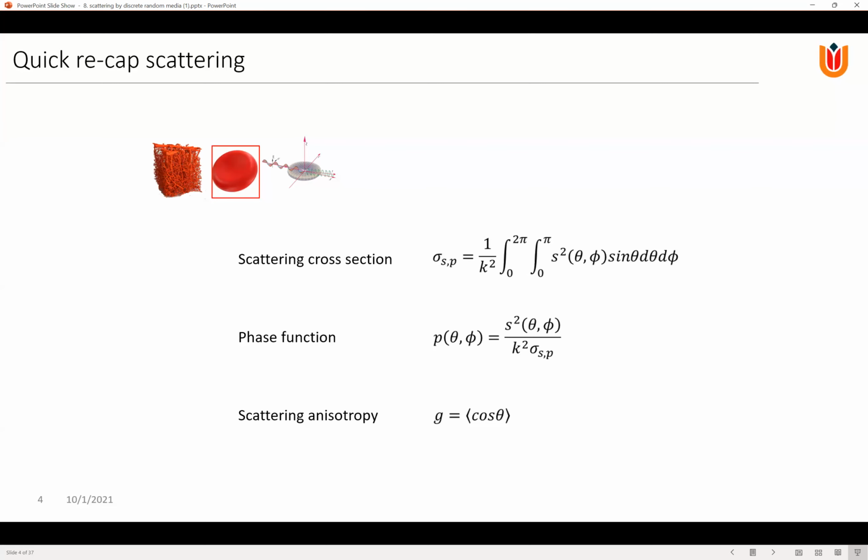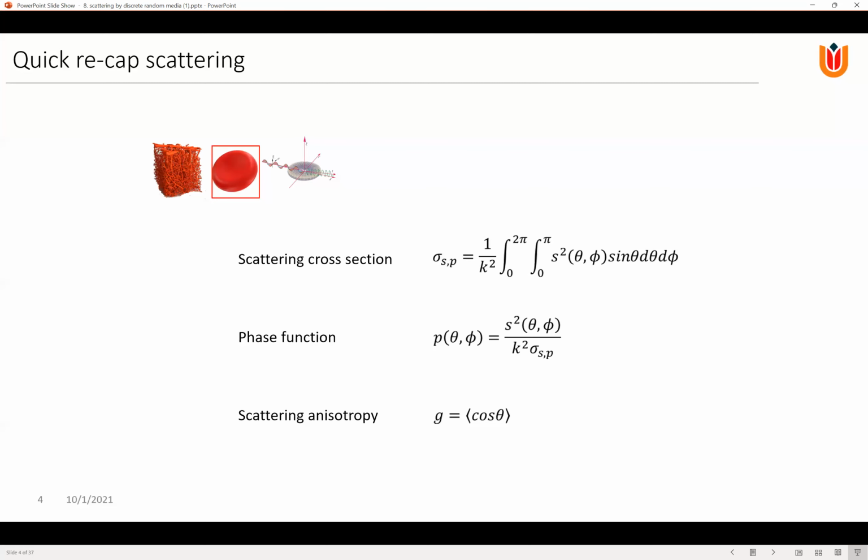Obviously we had the cross section, so that is, let's call it, the sigma. We had two more: the efficiency and the coefficient. The efficiency had symbol Q, and then the coefficient had symbol mu.